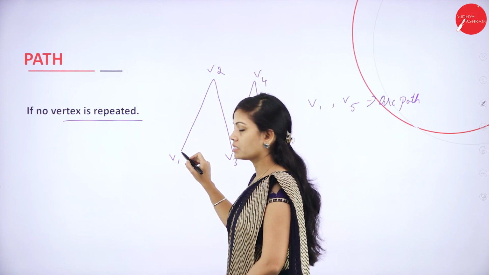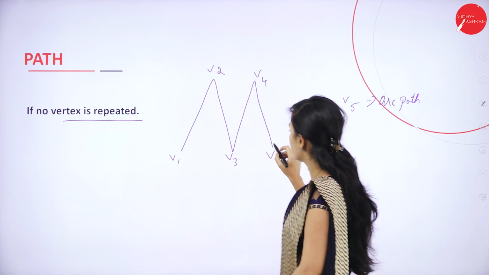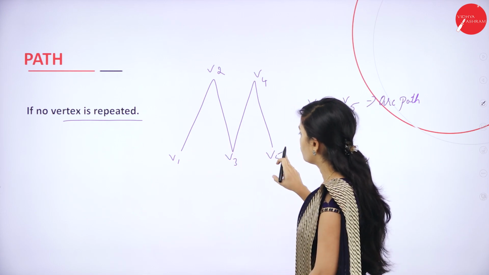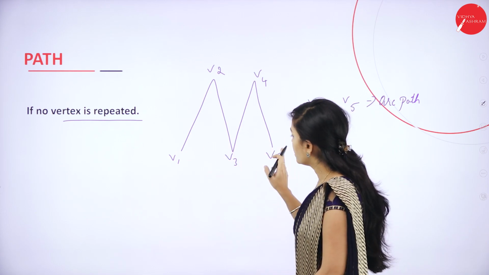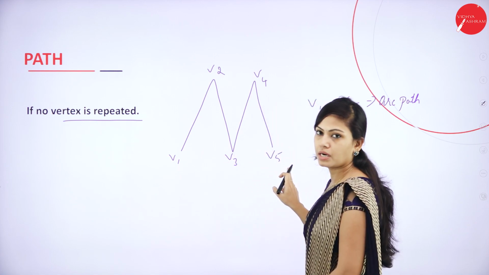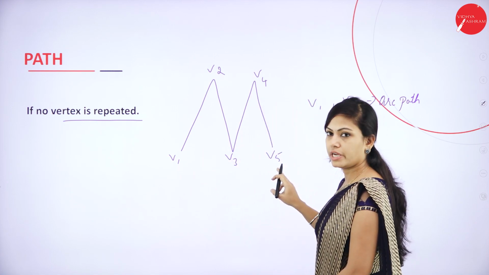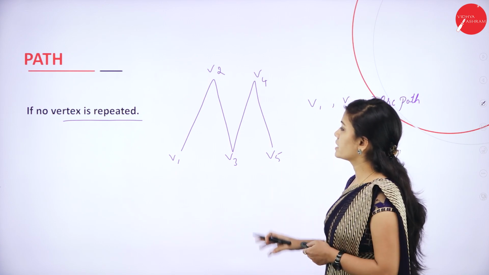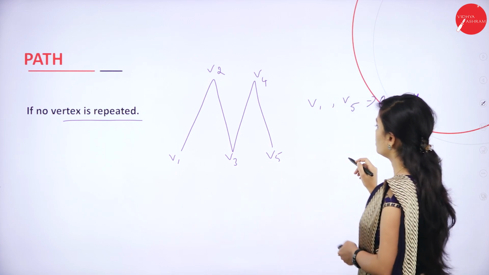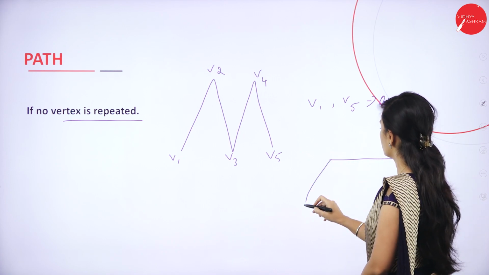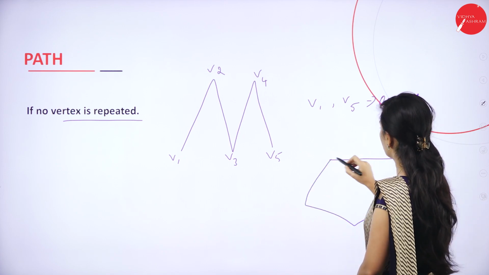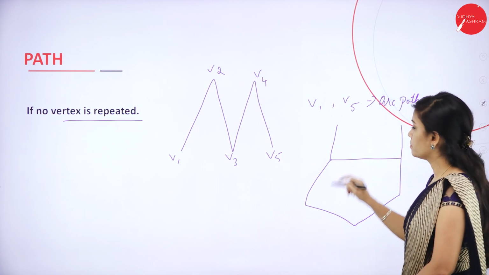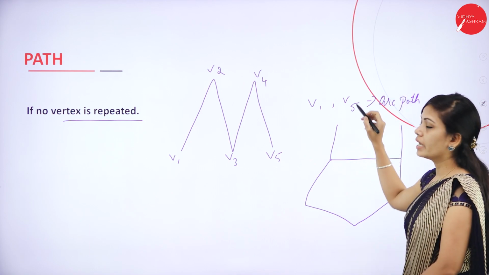It started at V1 and ends at V5. Here no vertex is repeated, then it is called a path. This is an example for path. Otherwise you can give this. This is also a path because here no vertex is repeated.